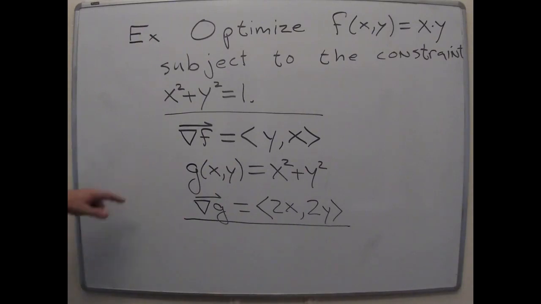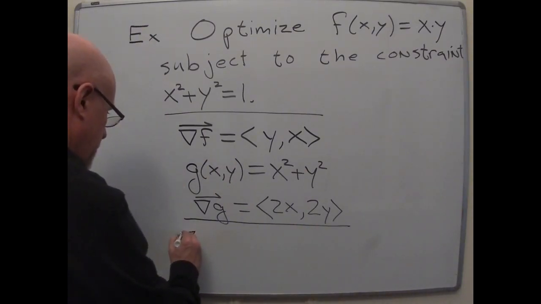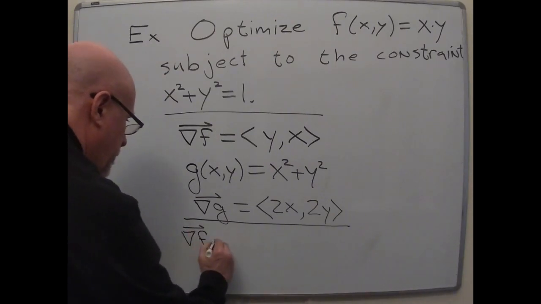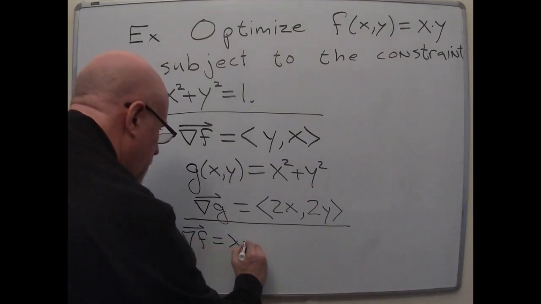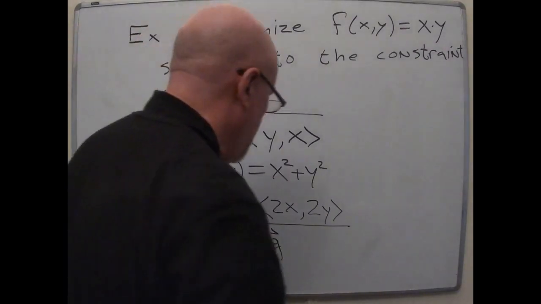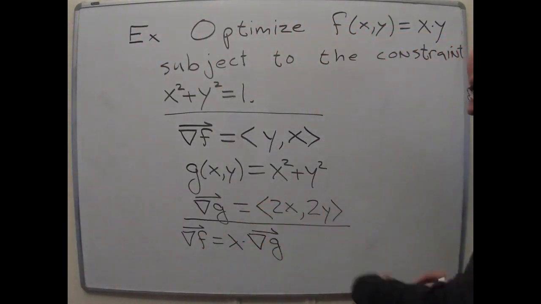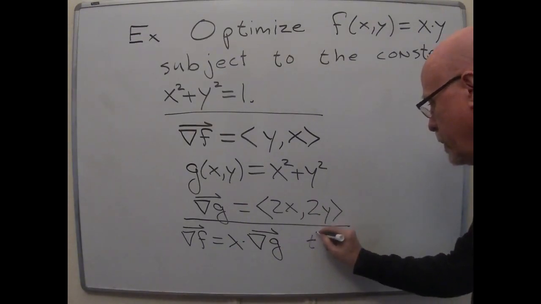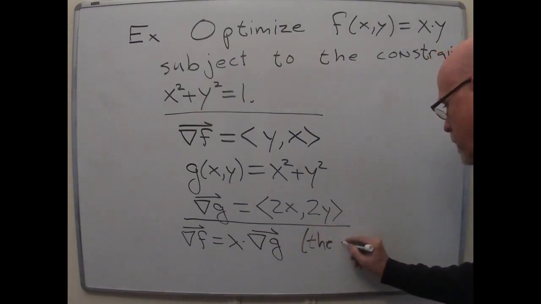To say that grad f is a multiple of grad g, that is, looks like this: grad f is equal to lambda times grad g. By the way, I don't think I mentioned it, but people technically call that thing the Lagrange condition.